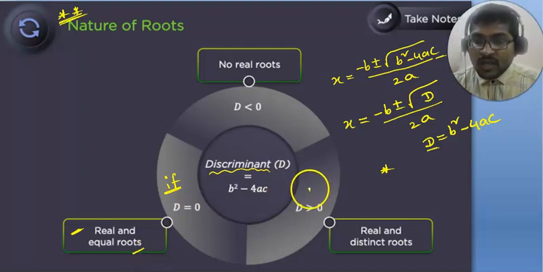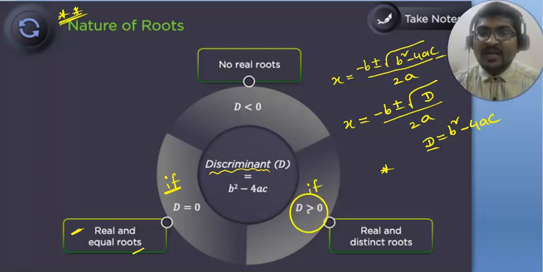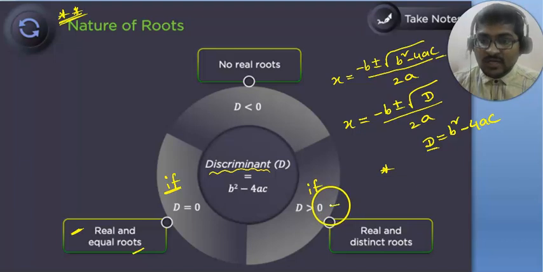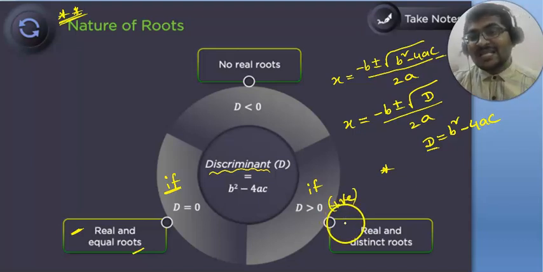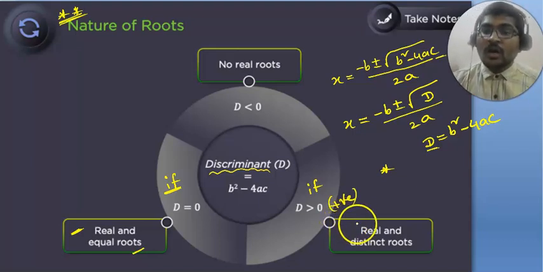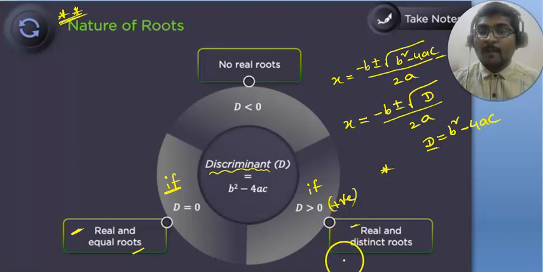And also, if discriminant is greater than 0, means positive, the roots may be real and distinct roots.